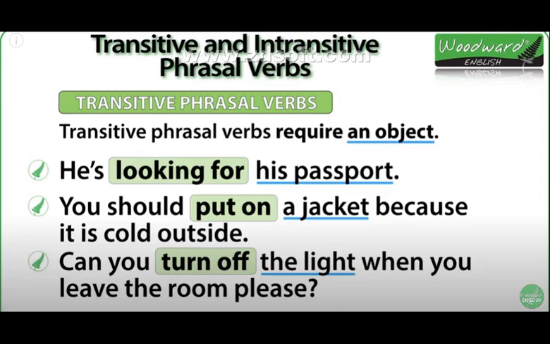Turn off is a transitive phrasal verb. So we have transitive phrasal verbs here: looking for, put on, turn off. Looking for يبحث, put on يضع يعني يلبس يرتدي, and the opposite of course take off, and turn off اللي هي يطفئ. تمام.